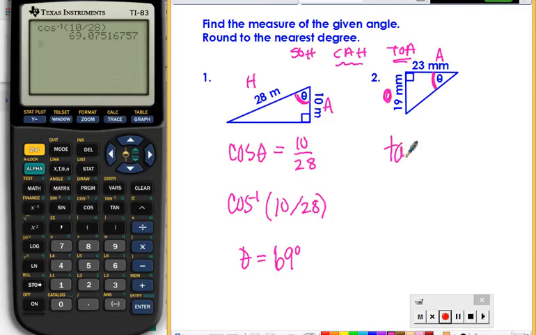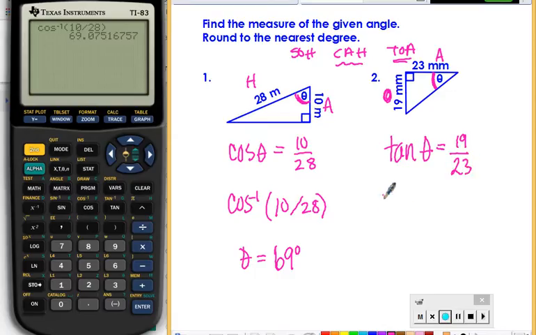So the tangent of some angle, we don't know what the angle is, so we write theta. That's our variable, we talked about that earlier in the week. Anytime we have an unknown angle, we call it theta. We use Greek letters for those. So the tangent of theta equals opposite over adjacent, that's going to be 19, the opposite leg, over the adjacent leg, which is 23.